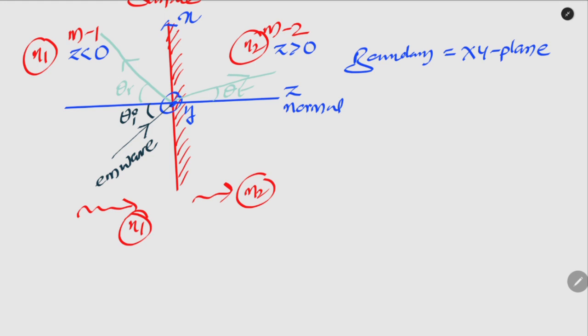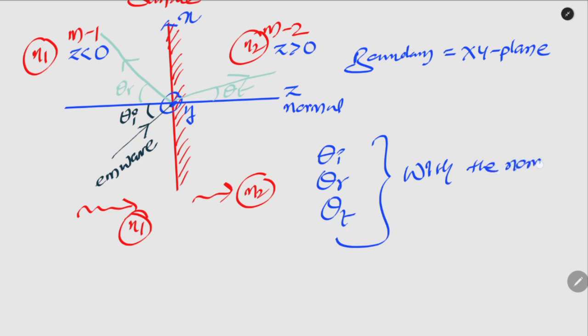Now we have three signals: the incident electromagnetic wave, the reflected electromagnetic wave, and the transmitted electromagnetic wave. These are making the angles theta I, theta r and theta t with the normal to the boundary, not with the boundary. That is the main point you have to understand.